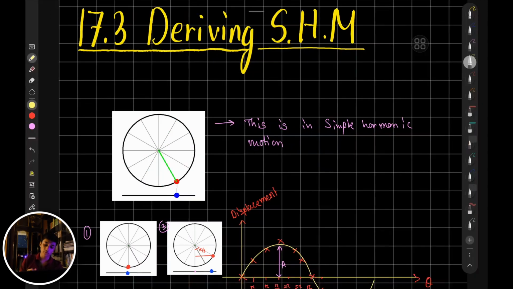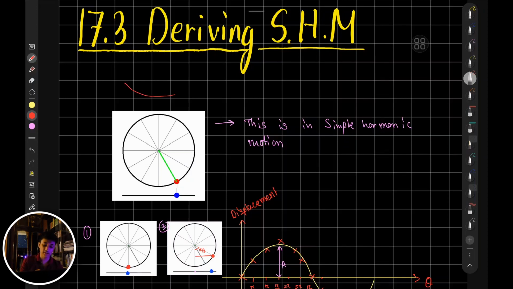Now, when it is doing that, if I draw this green line and tie it with a rope, let's say a rope through which no light can pass. Great. And the red bob is going in uniform circular motion.